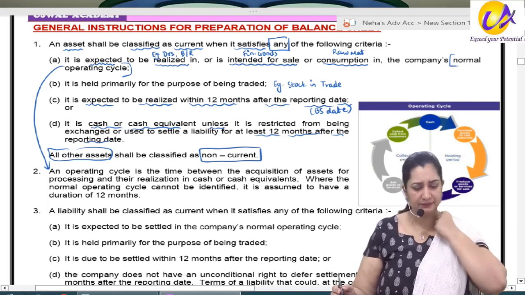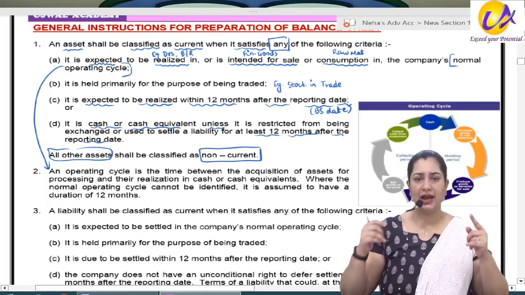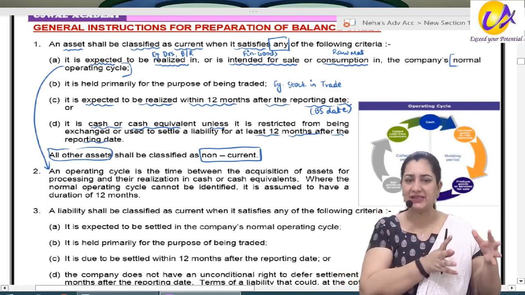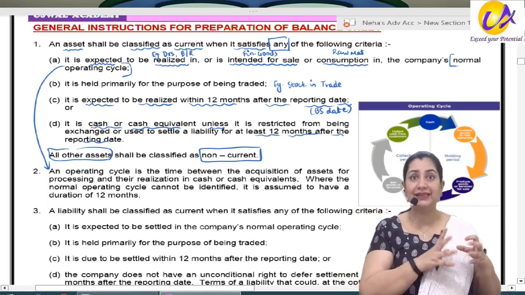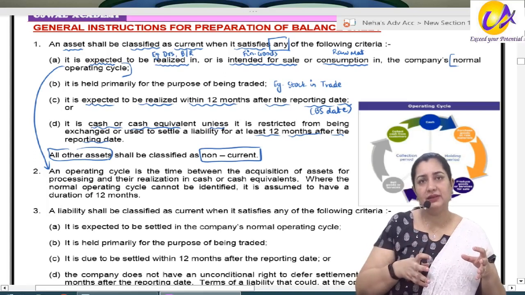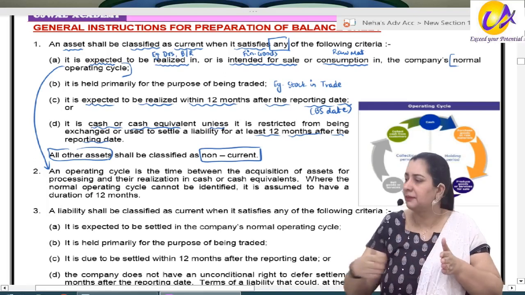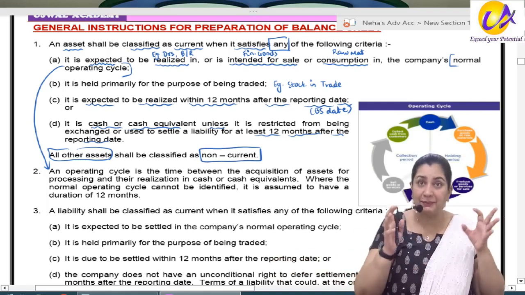Okay. Then it is expected to be realized within 12 months. I told you A and C look the same, but there is a big difference. A starts from the day you acquire the thing or it is receivable, the date. And for C, we look at the end of the balance sheet date. On the balance sheet date, within 12 months, what is expected? In both, it is expected.